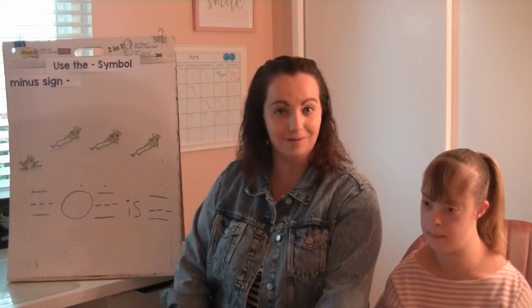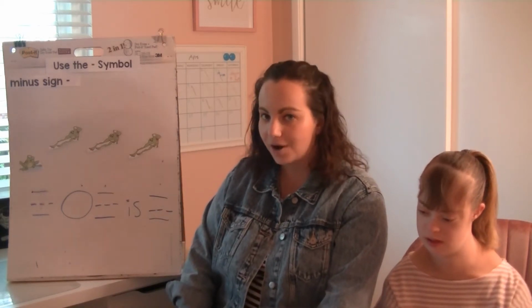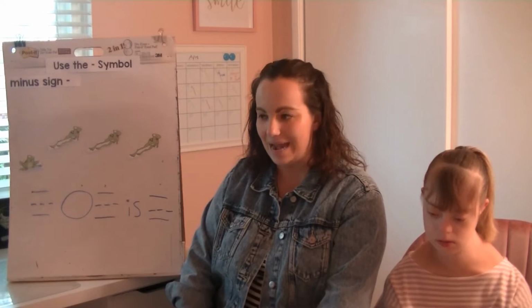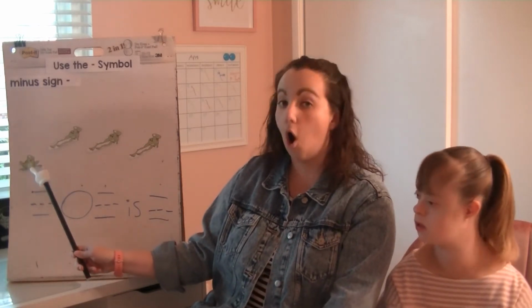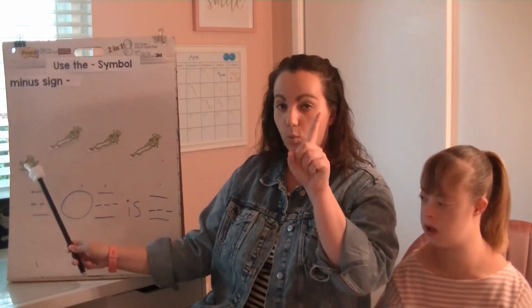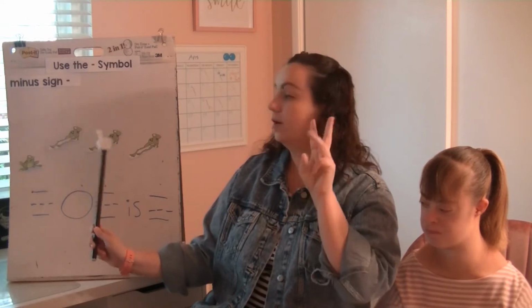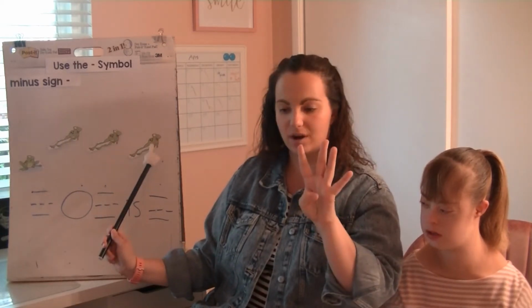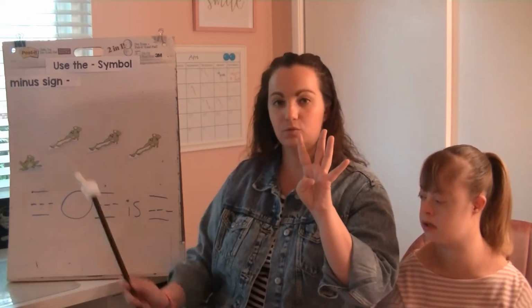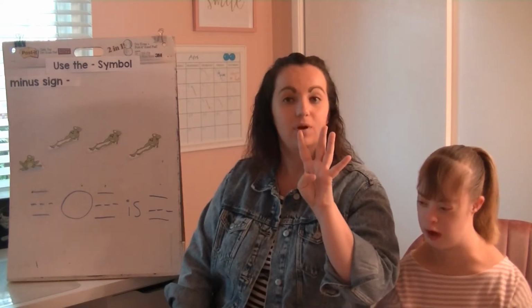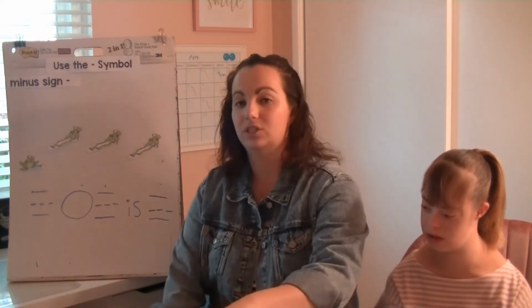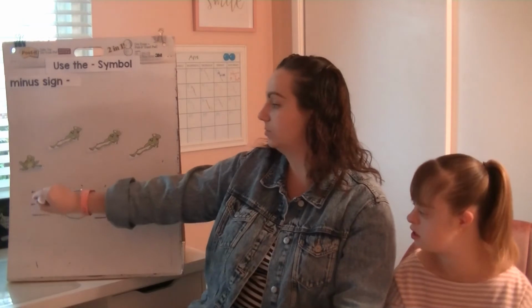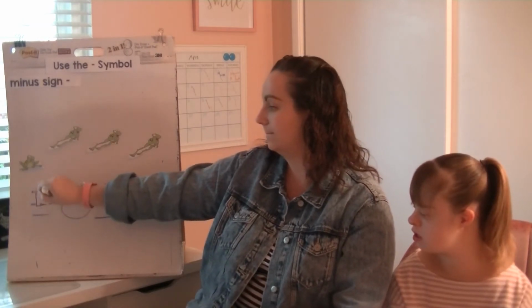Ready, set, count all the frogs with me. 1, 2, 3, 4. How many frogs were there in all? I say 4. Yes, we're starting with 4 frogs. So I'm going to write that right here, 4.